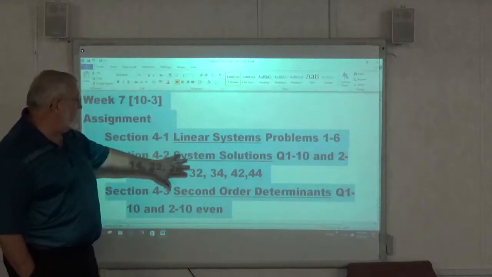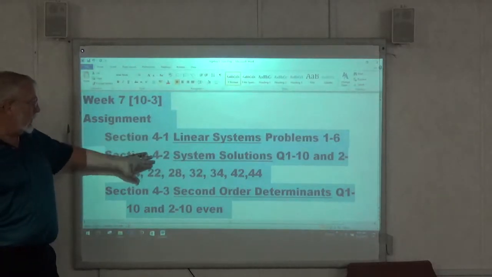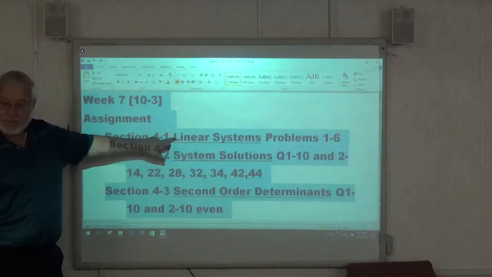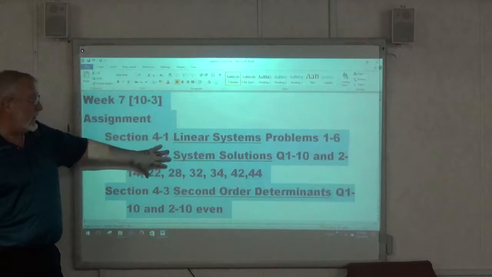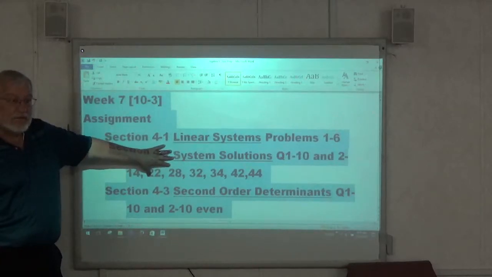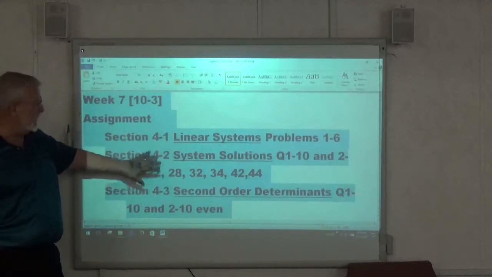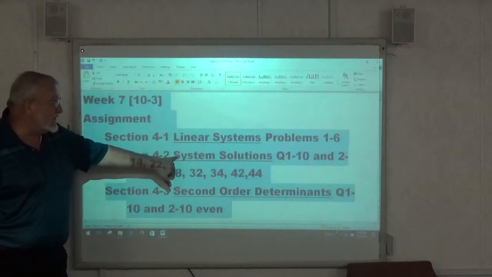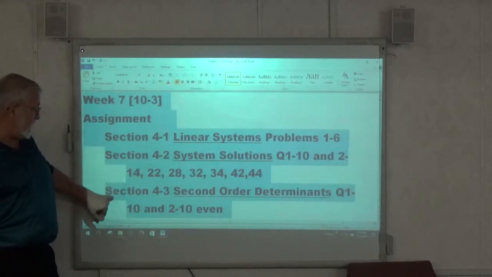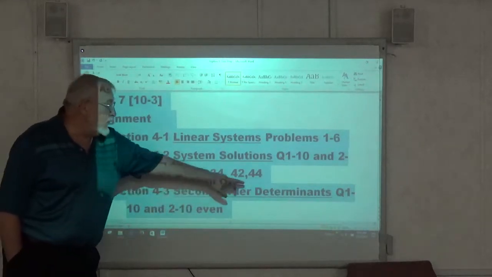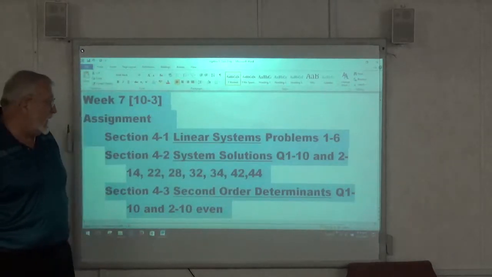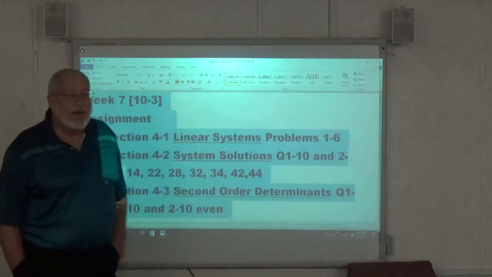And then when you get into chapter 4, you're going to do linear systems. This is all from the syllabus, I'm just showing you what it is. And then system solutions, and then finally, second order determinants. And this is what I'm going to talk to you about.